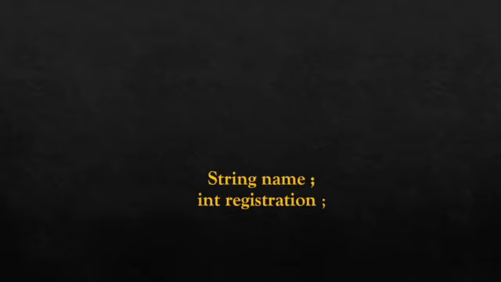These variables have to be of a specific data type. So in the case of a name, the data type is string. In the case of the registration number, the data type is int.